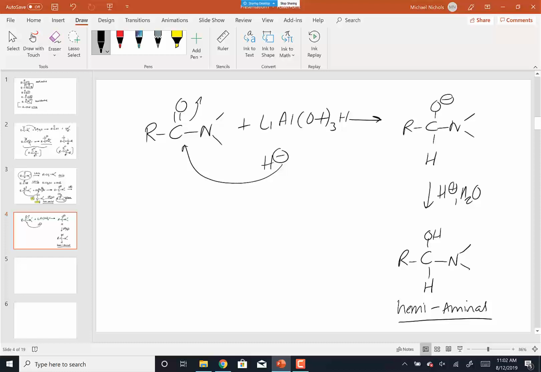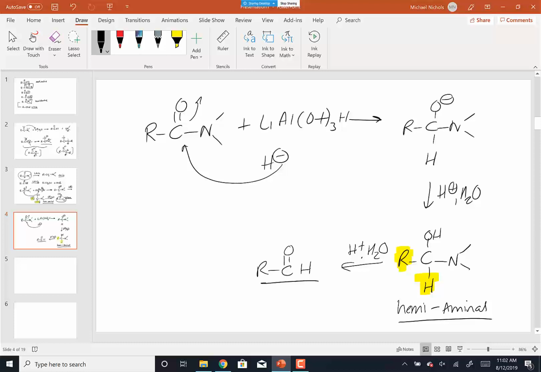No. So what's going to happen? It's going to convert it all the way back to an aldehyde, right? I'll highlight there. So it's just going to take it all the way back to an aldehyde.